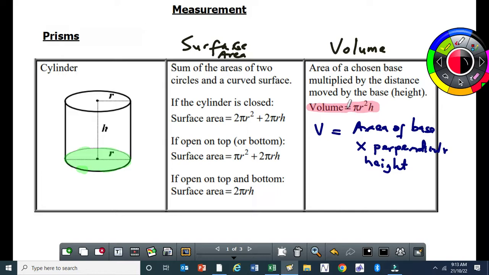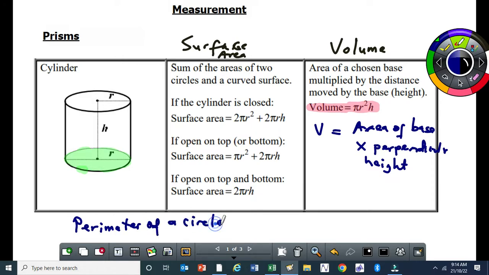How do you calculate the circumference of a circle, or the perimeter of a circle? What's the formula for calculating the perimeter of a circle?